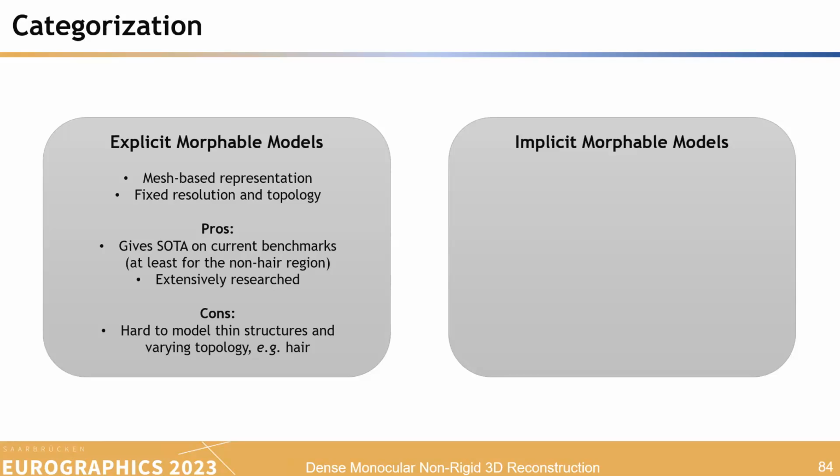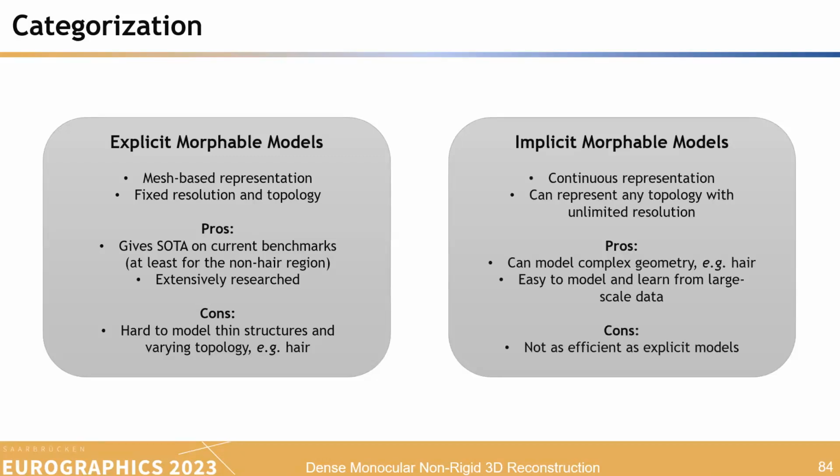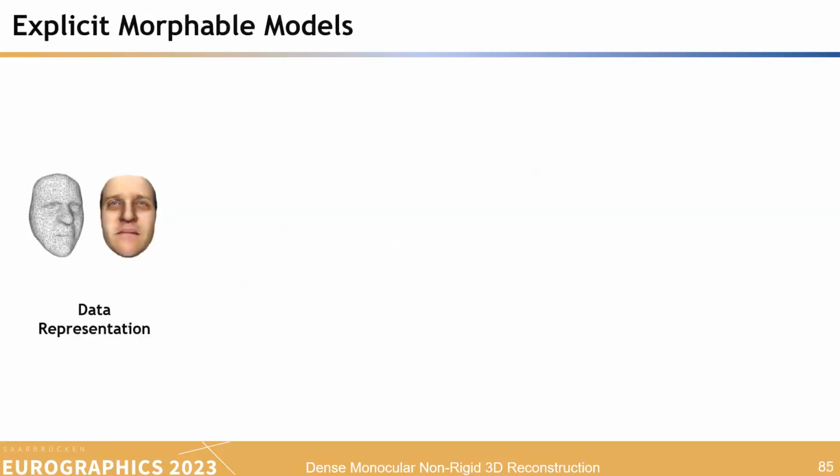The difficulty is that it's hard to model thin structures and objects with varying topologies such as hair. On the other hand, we have methods that rely on implicit representations, which can represent different topology. As a result, it's easier to model hair with this sort of representation. The disadvantage is that it's not as efficient as explicit models.